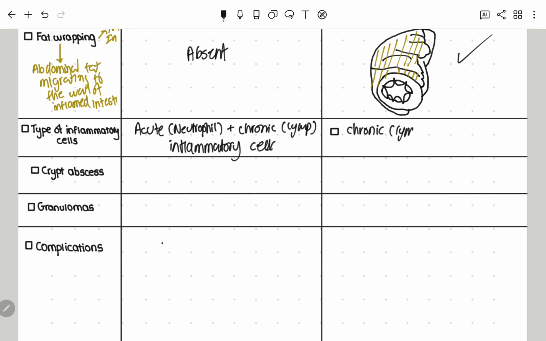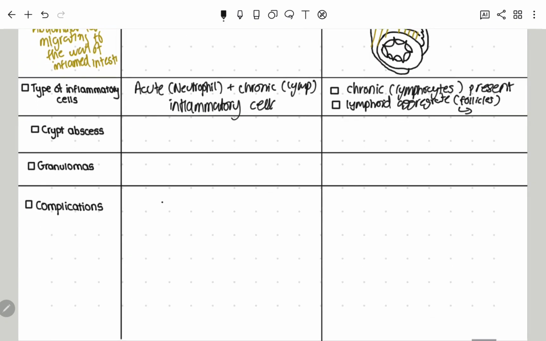So chronic, meaning your lymphocytes, are more likely to be present, and because of the abundance in which these chronic inflammatory cells are present, you may see the formation of lymphoid aggregates, so follicles, and even the presence, which we're just going to discuss moving down anyways, of granulomas as well, and these are usually non-caseating.